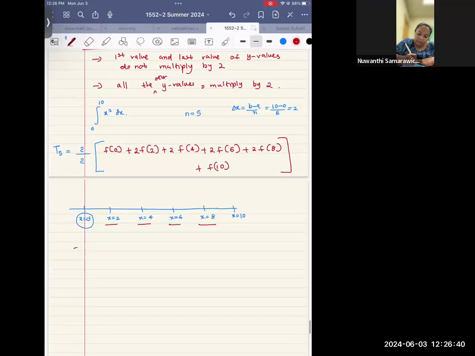Can you tell me what value you get? How do you find the value? Our function is f(x) equals x squared. That means when you input x, your output is x squared. So if the input is 2, your output will be 2 squared.